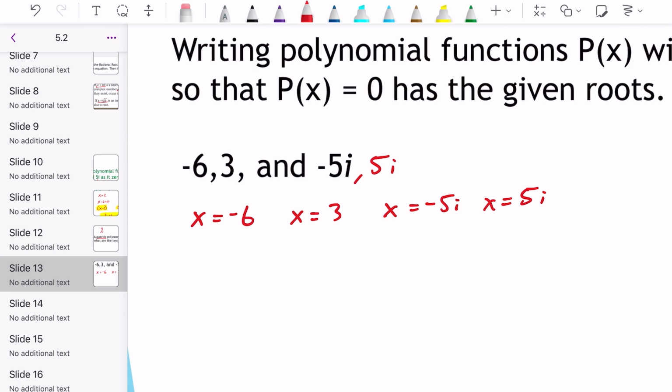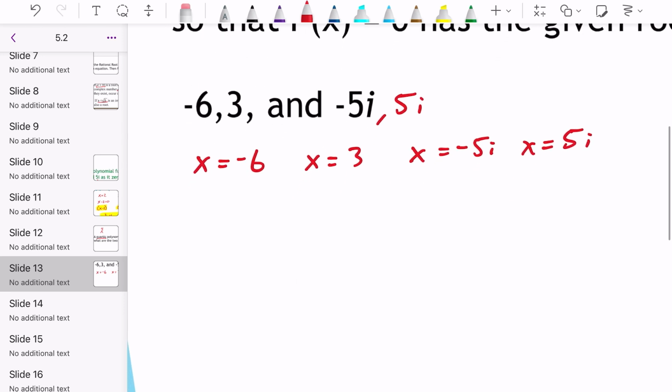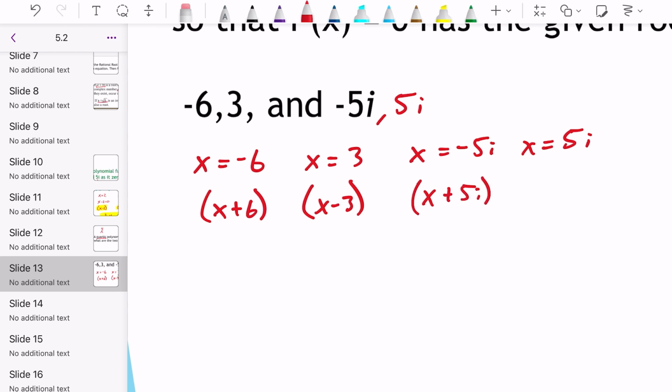5i. We bring it over into its factored form, which would be x plus 6, x minus 3, and x plus 5i, and x minus 5i.